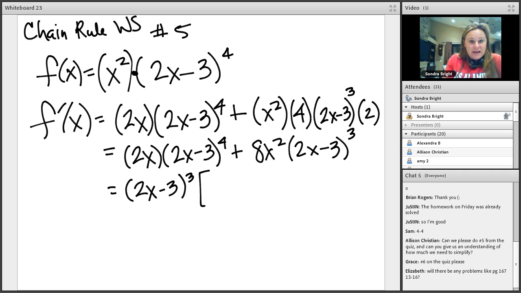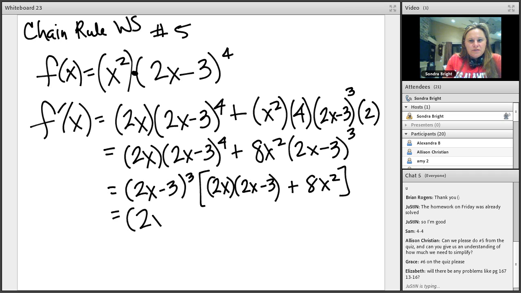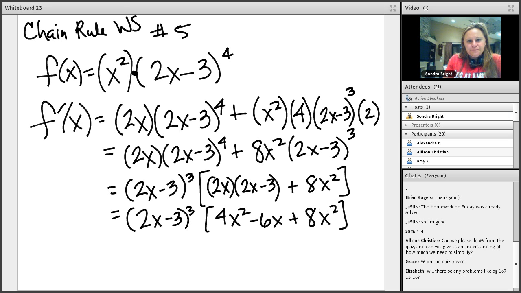So I can factor that out, and I would be left with a 2x times another 2x minus 3, and then a plus 8x squared. And then that's a 2x minus 3 cubed times 4x squared minus 6x plus 8x squared.